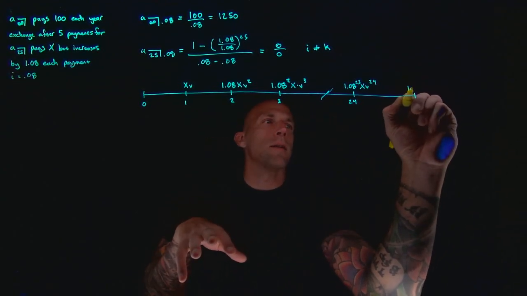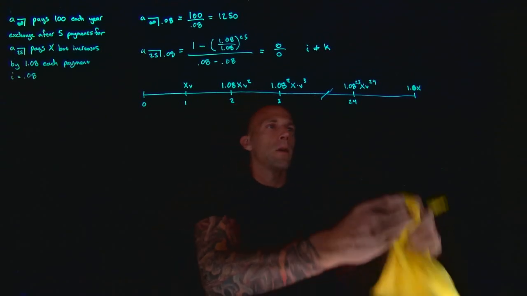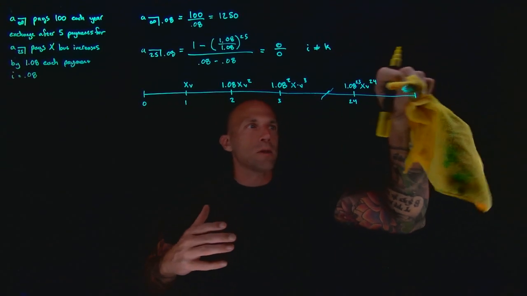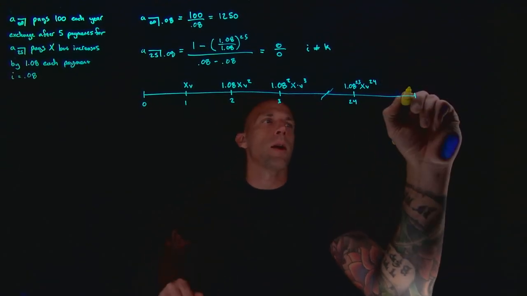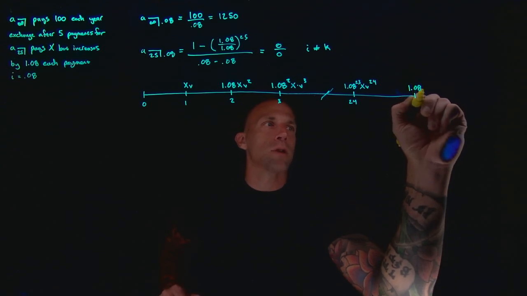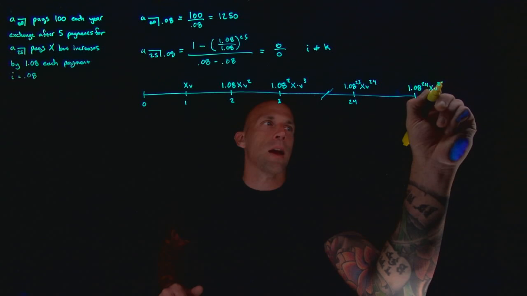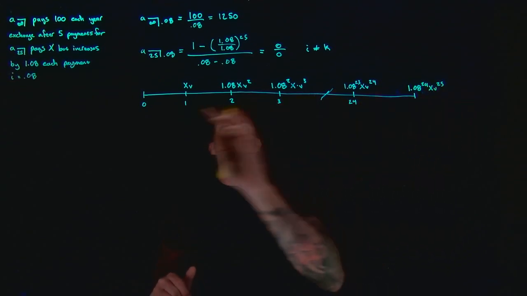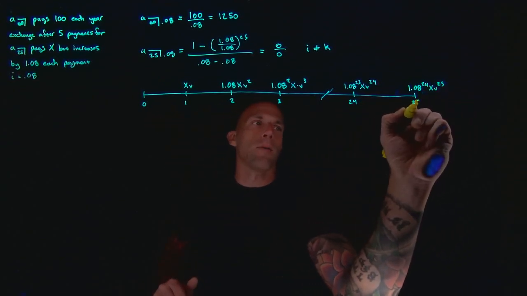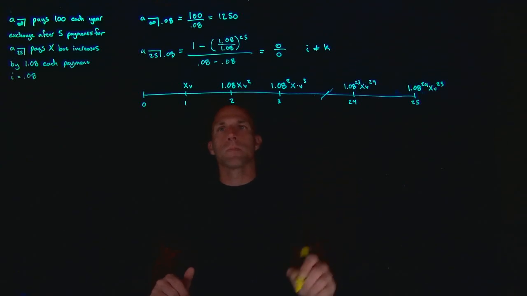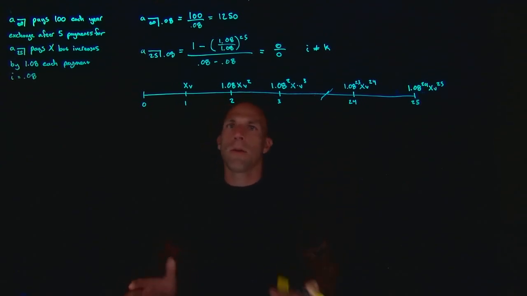So at the very end, we will have increased the size of our payment by 8% 24 times, and then we'll have to discount that specific payment back 25 years. So that really makes sense, right?